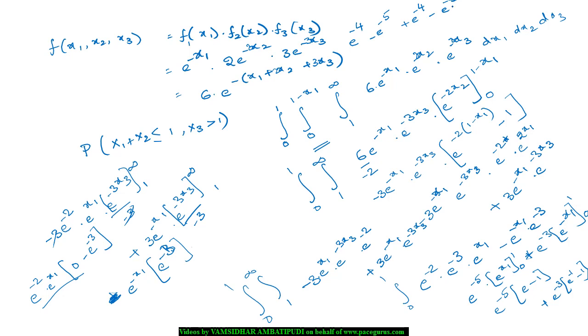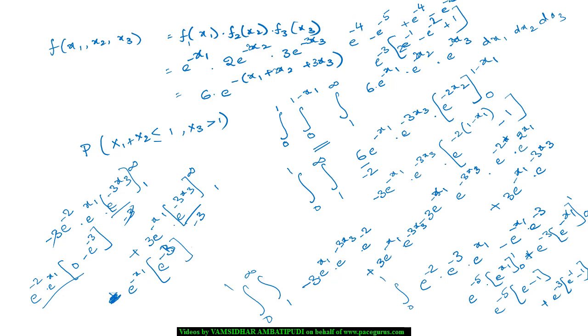So based on this I can very well make out. If I take e to the power of minus 3 out, it is nothing but e to the power of minus 1, 2e to the power of minus 1 minus e to the power of minus 2 plus 1. So this is the typical thing that is coming out. So I can very well simplify it and give the resulting answer accordingly.